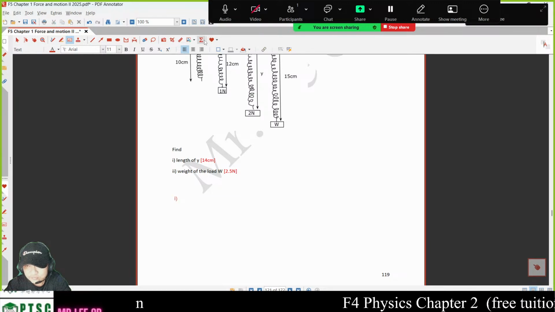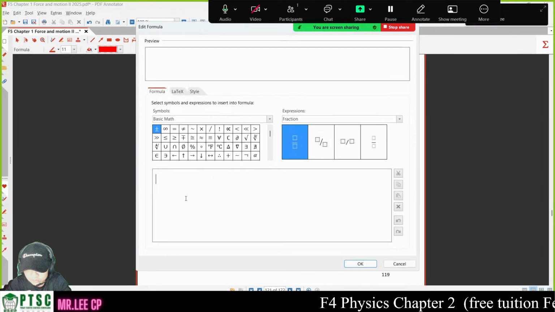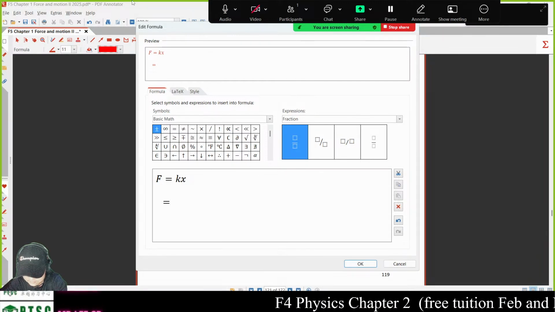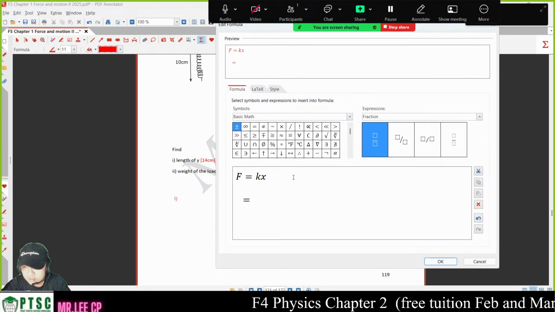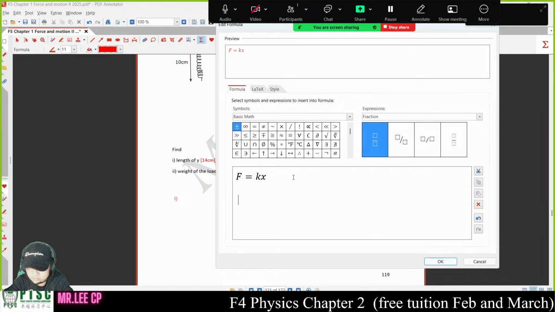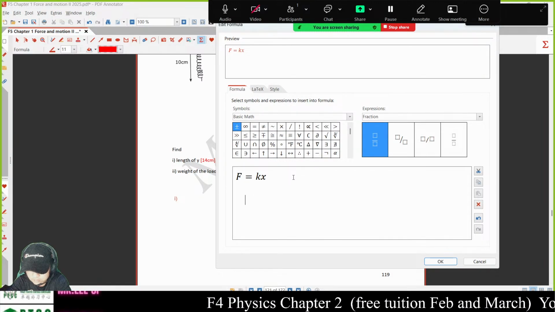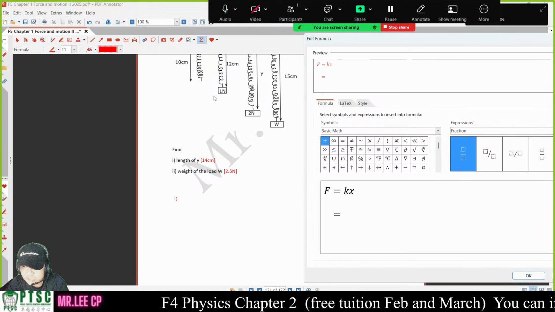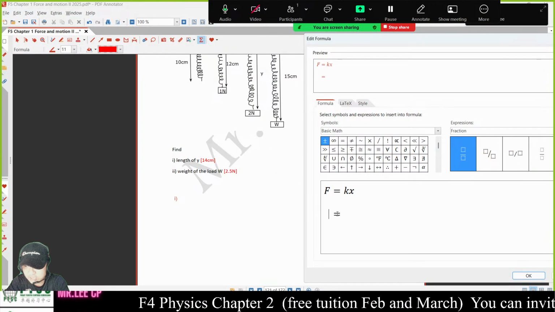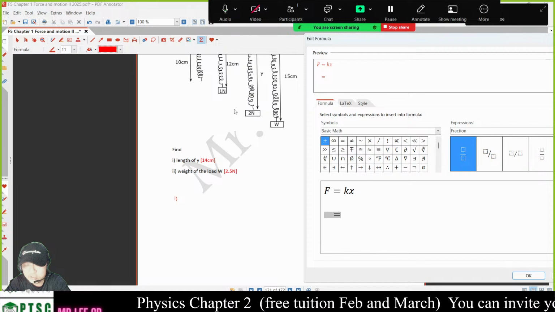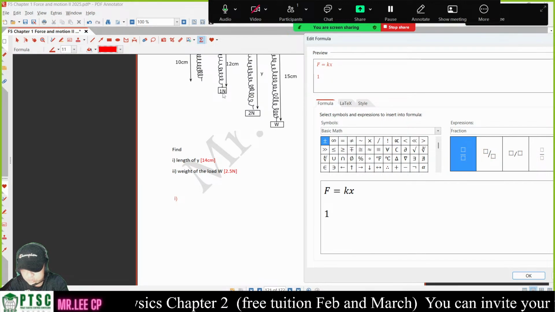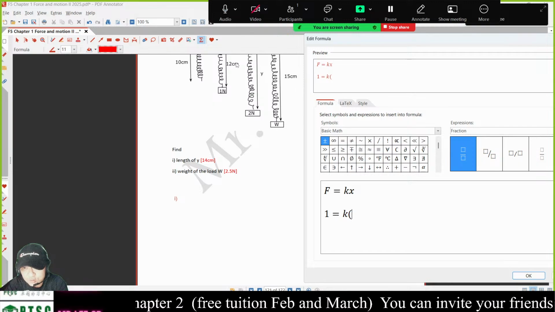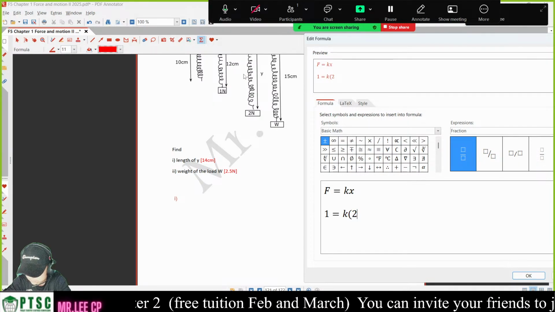Number 1. So we apply the formula of Hooke's law. F is equal to Kx. So we need to find K first. F is 1 Newton, equal to K times extension, which is 2 cm.